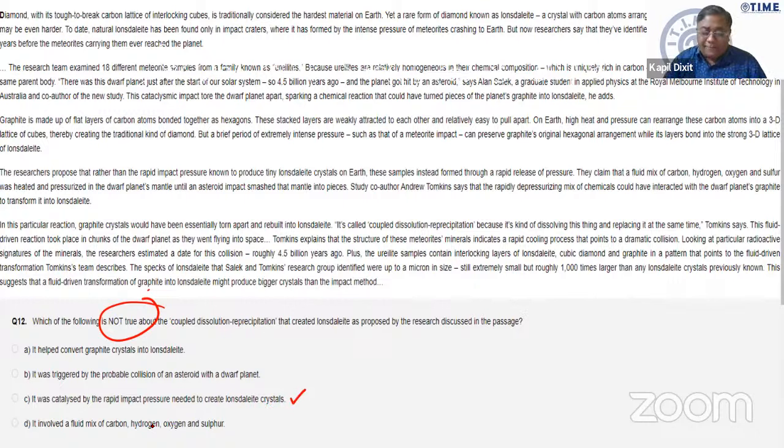Okay? This is not true. Why is this not true? Because if you look at the paragraph, it is written that a fluid mix of carbon, hydrogen, oxygen, sulfur was heated and pressurized in the dwarf planet. It was catalyzed by the rapid impact pressure needed to create. No, it was heated and pressurized in the dwarf planet. Okay. Hence, this is not true and becomes the answer choice.